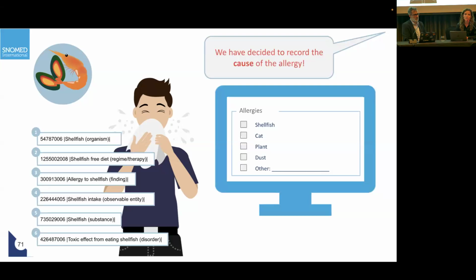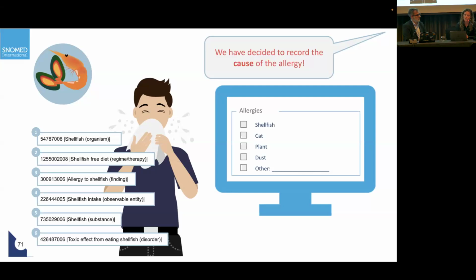And that actually depends. And this is where there isn't a single correct answer, because it depends on your model. So in one situation, you may have decided that what's important for us is that we record the cause of the allergy, not the actual condition, because as soon as you have recorded something here, we know that you have an allergy.